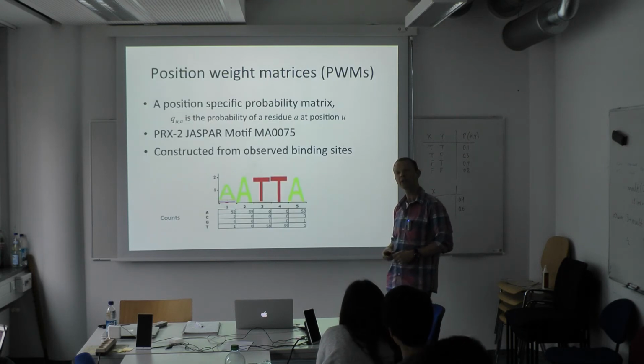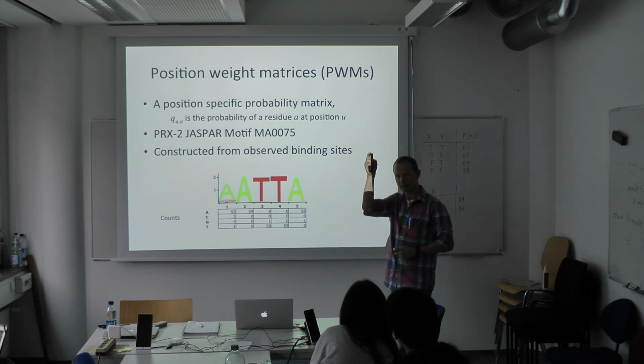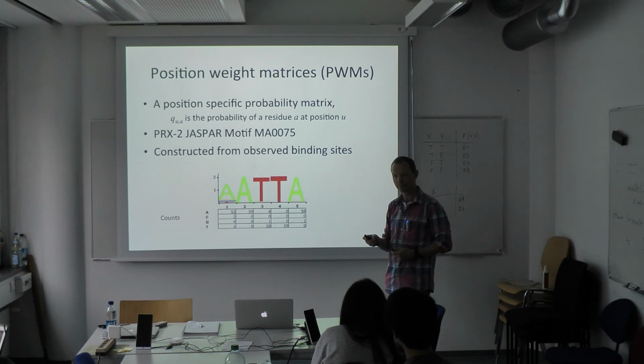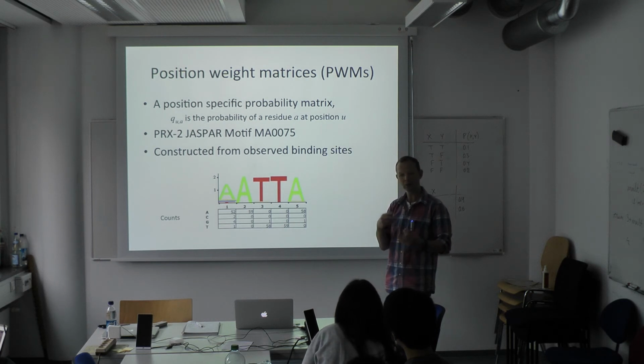For now, we'll actually be happy with this very simplistic model. And we're going to think of each column in our motif as one of these sequences. And of course, we don't care in which order the sequences in our alignment occur, so it would be irrelevant to capture that kind of thing.